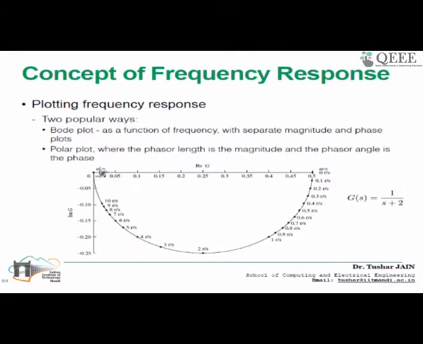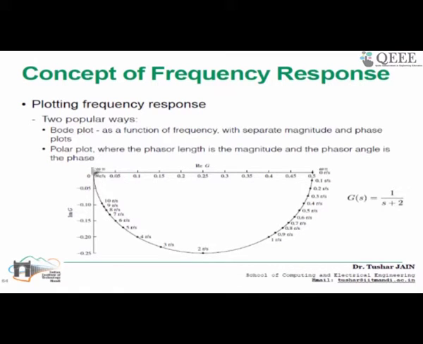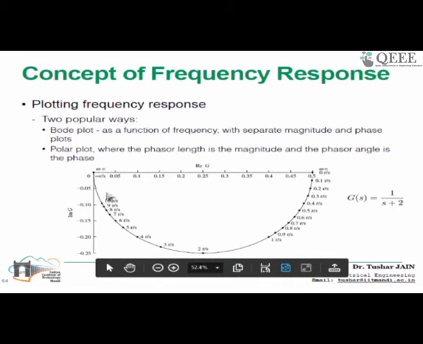Another popular way is what we call the polar plot. In this plot we do not have two separate magnitude and phase responses. Only in one plot we can plot both responses. Notice the x-axis and the y-axis here.